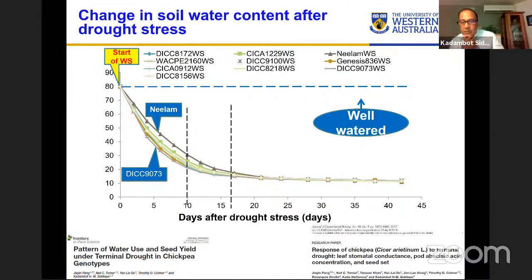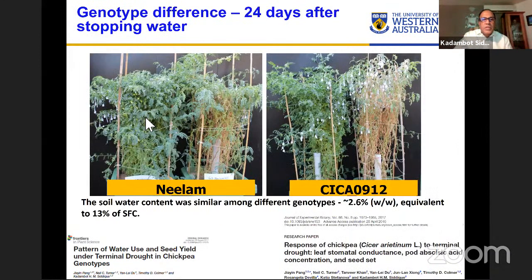Both papers are available, one in the Journal of Experimental Botany and one in Frontiers in Plant Science. And just in a pictorial way, you can see Neelam control plants in large bins, and this is the droughted one, and this is almost dead, whereas this is still continuing compared with the other one.